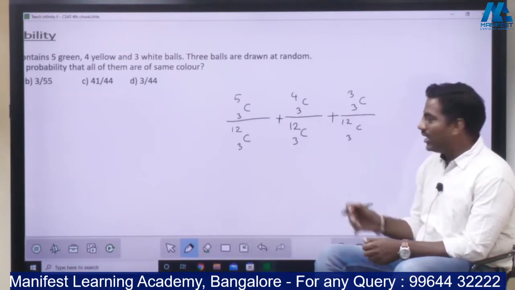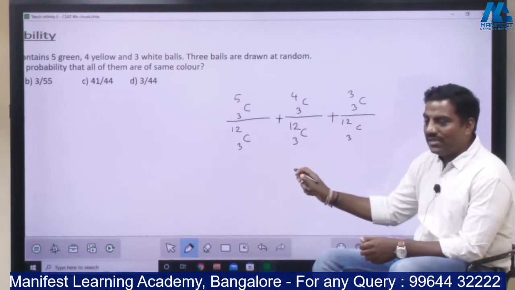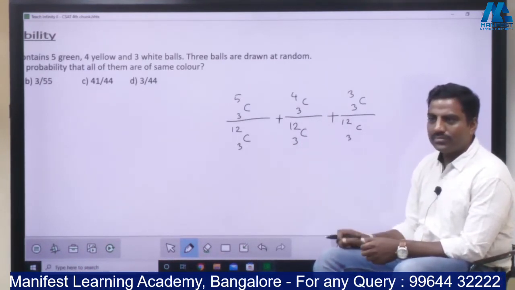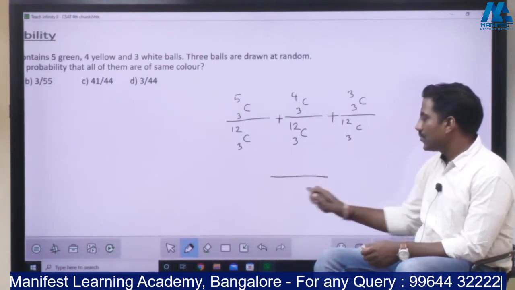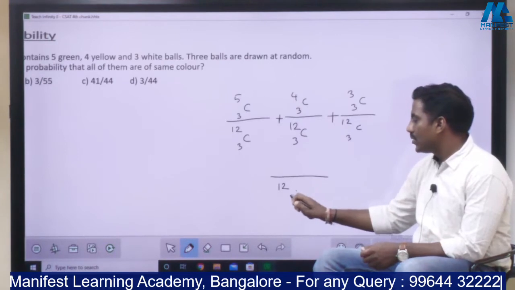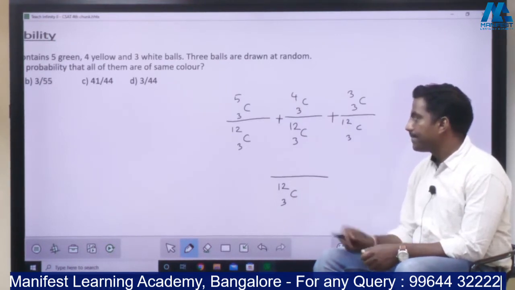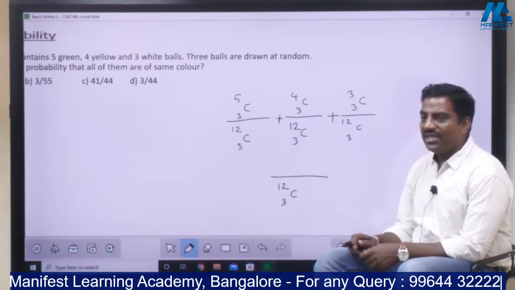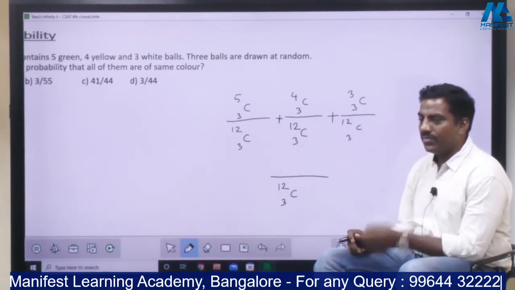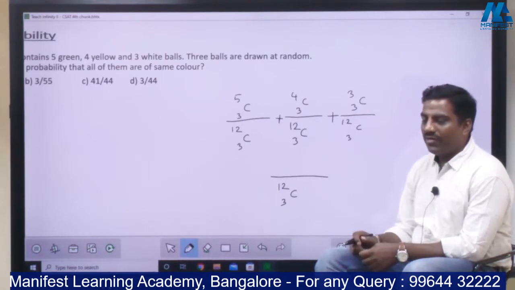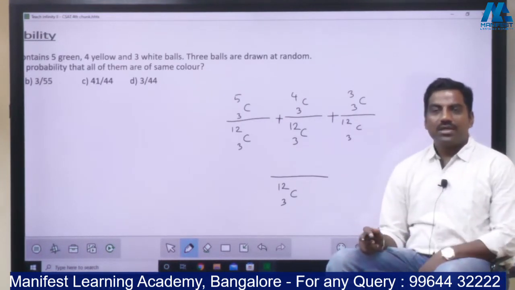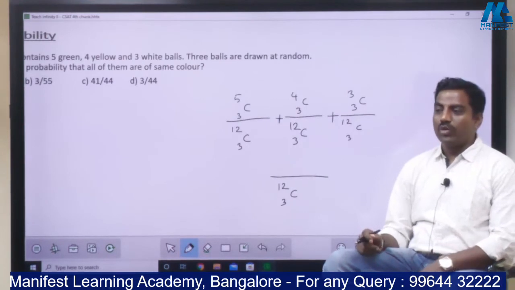So now let us calculate for this. Anyways, 12C3 is common. 12C3 is common. In 5C3, how do you write? 5 into 4 into 3 divided by 3 into 2 into 1.